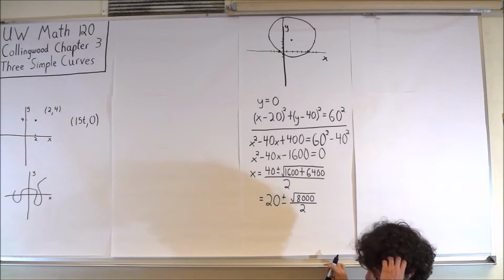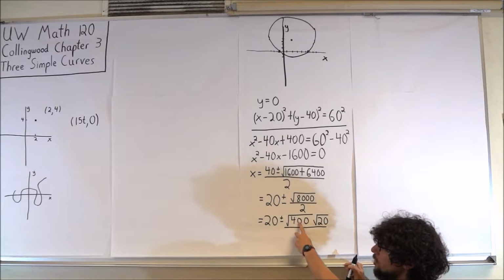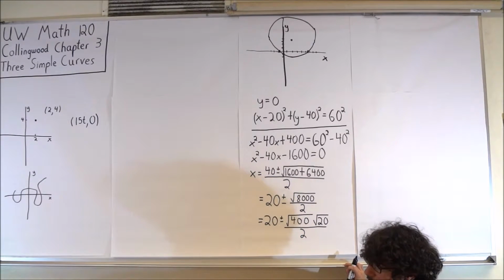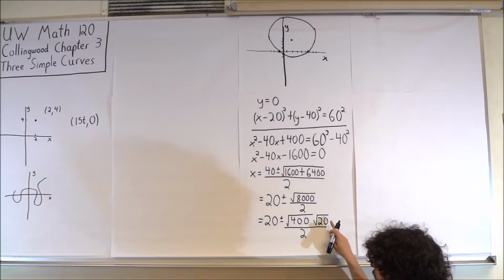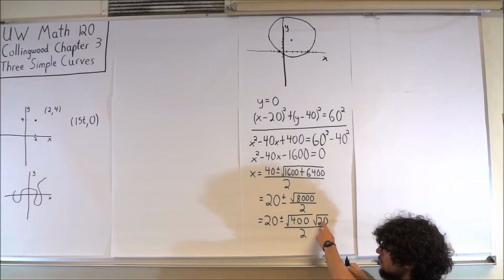8,000 is 400 times 20. The square root of 400 is 20. And 20 I could write as 4 times 5, which means that this term here is 2 root 5.